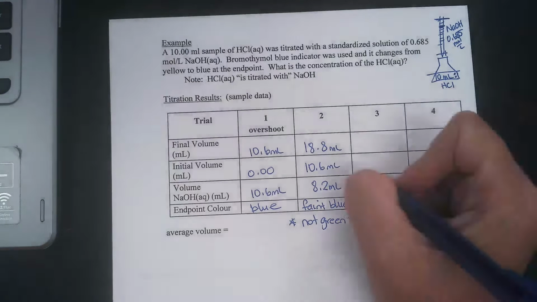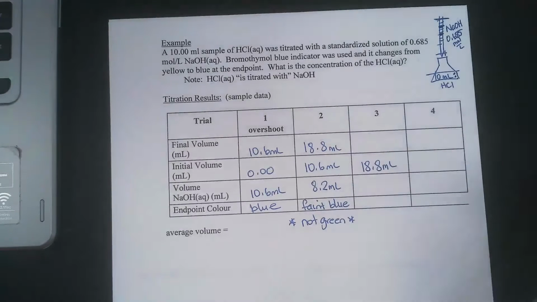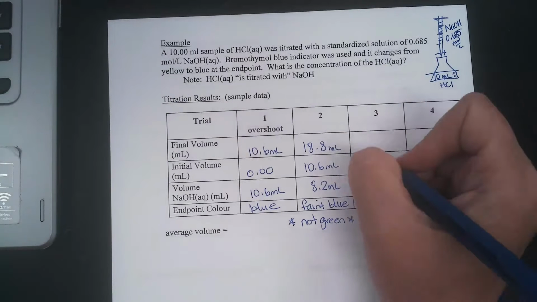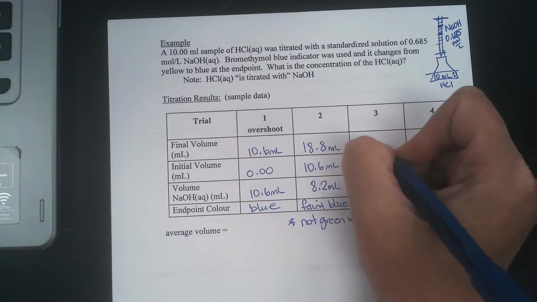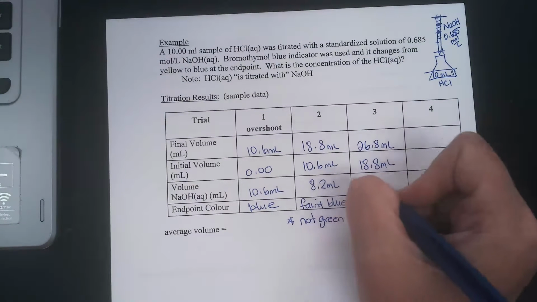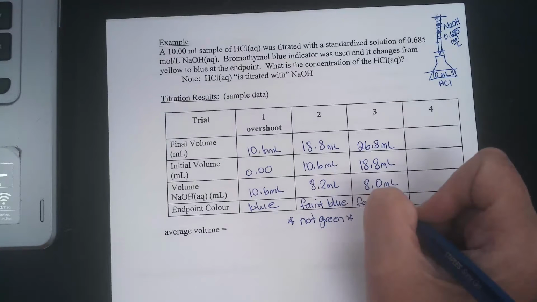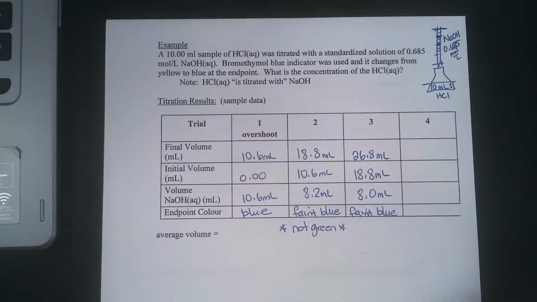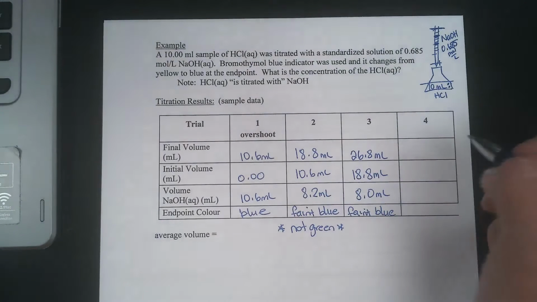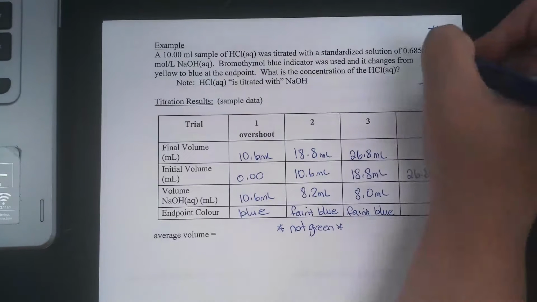So I start again. I start at 18.8 milliliters because I'm just going to start where I left off. And I get to 26.8 milliliters. My new volume is 8.0 milliliters. And again, I have a very faint blue color. In my third attempt, because you have to do 3 trials, I'm going to start at 26.8 milliliters because now I'm here on my burette.